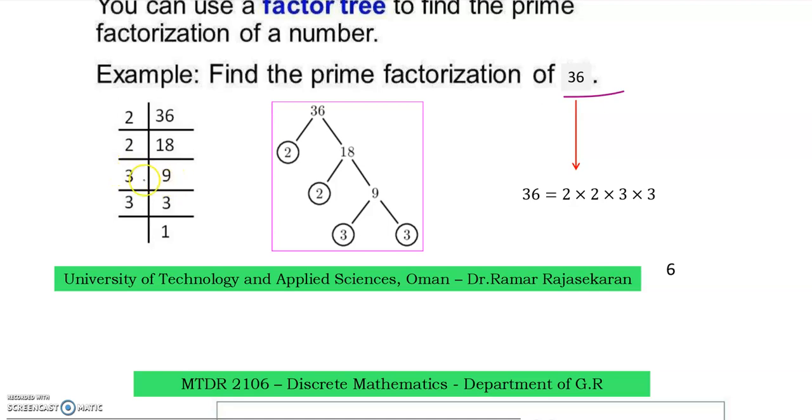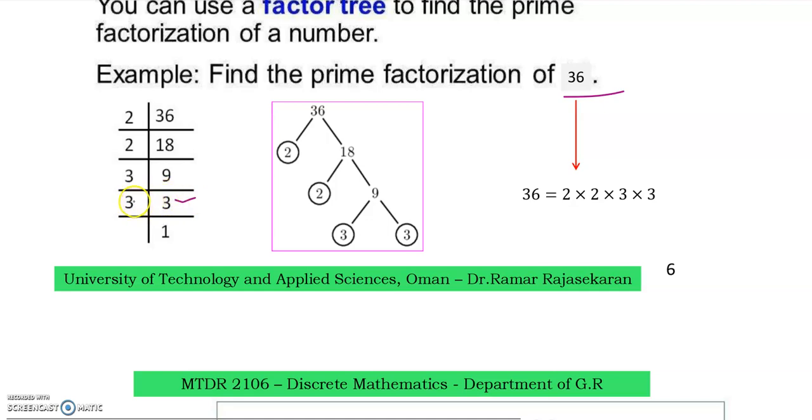So I try the next bigger prime number: the smallest one is 2, the next one is 3. So try 3. I can say 9 is equal to 3 multiplied by 3. So I am writing here 3.